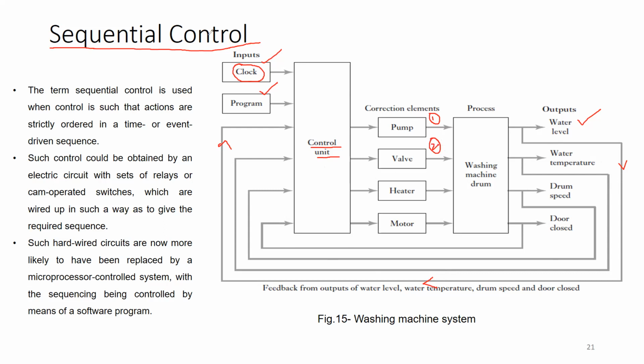Okay, so कोई भी sequential control दो तरीके से काम कर सकता है. Either it can work according to the clock for which the timer has been set, or it can work through the program of instructions by completing each sequence one by one. First sequence completed and no feedback signal generated will make the input signal equal to the output signal. That means no error signal generated. At that time, second process will be implemented.